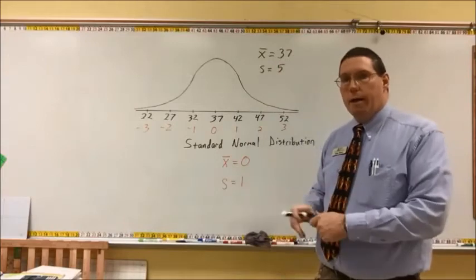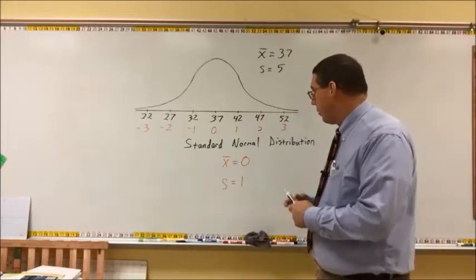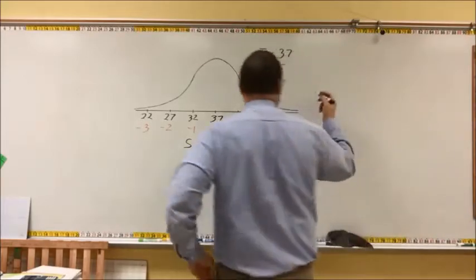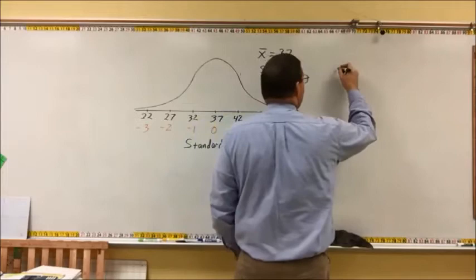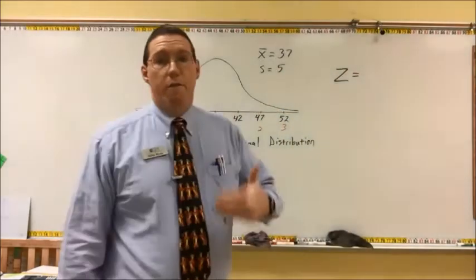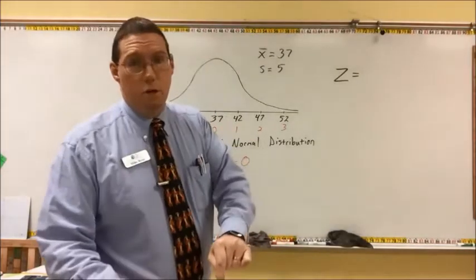And you'll see why in just a little bit. There is a formula for doing this, and you're going to want to write it down. It's called the Z formula. So we are converting our units into Z units.